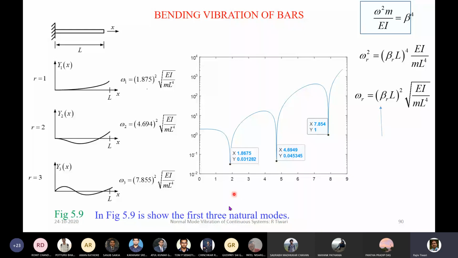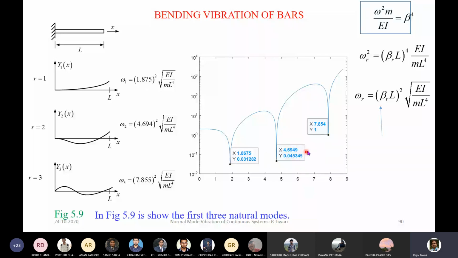You can see that, because this is a semi-log scale, this quantity is becoming 0 at these locations, and the x locations of these are 1.8675 for the first natural frequency, 4.69 for the second, and 7.8 for the third. A slight difference is there because of the numerical error during the picking of this particular point.